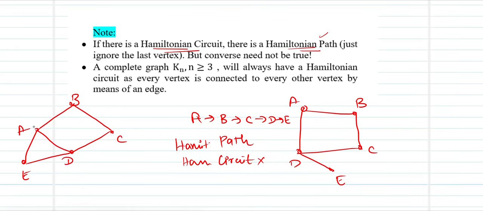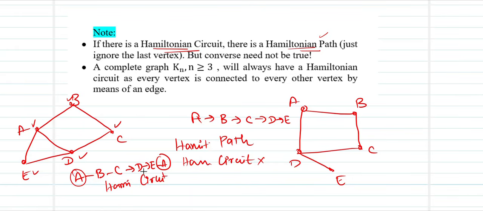If I am going to start over here with my A, I go to B, I go to C, I go to D, I go to E, and I move to A. Now I am able to travel all my vertices exactly once and get back to my same starting point. This is going to be a Hamiltonian circuit.